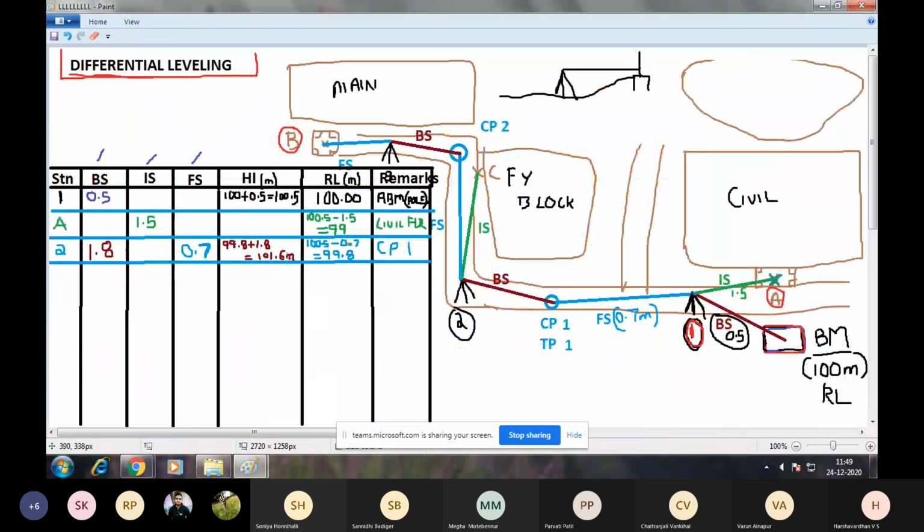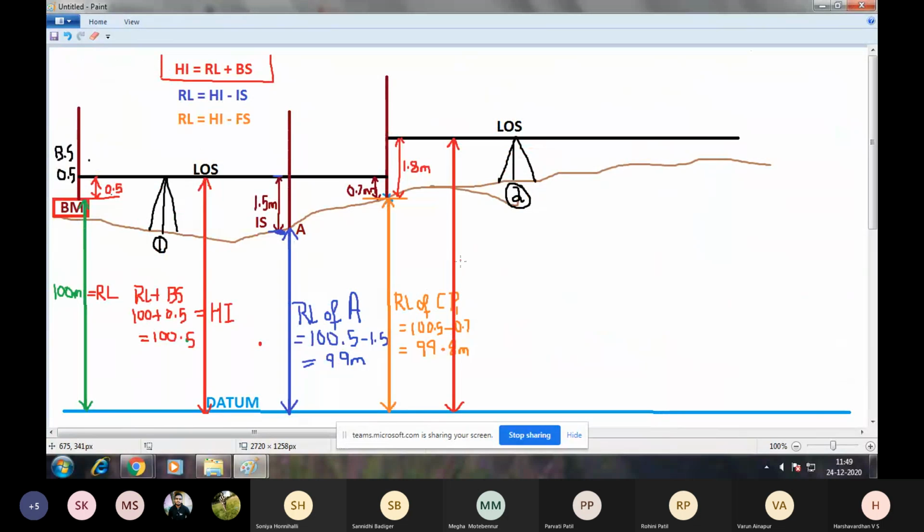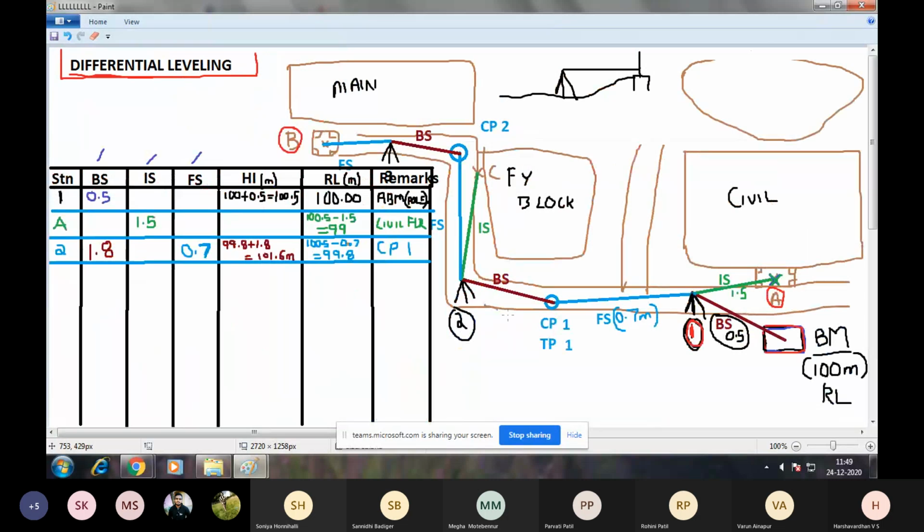Height of instrument is equal to 99.8 plus 1.8, and it is equal to 101.6 meters. So this is my new height of instrument, 101.6 meters.